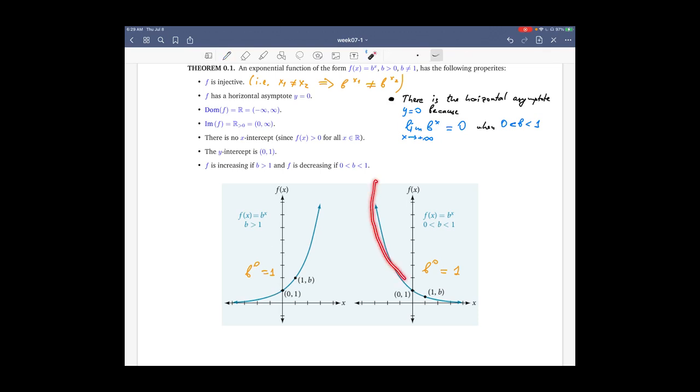When b is between 0 and 1, the limit at positive infinity is 0, therefore y equals 0. The x-axis serves as a horizontal asymptote.